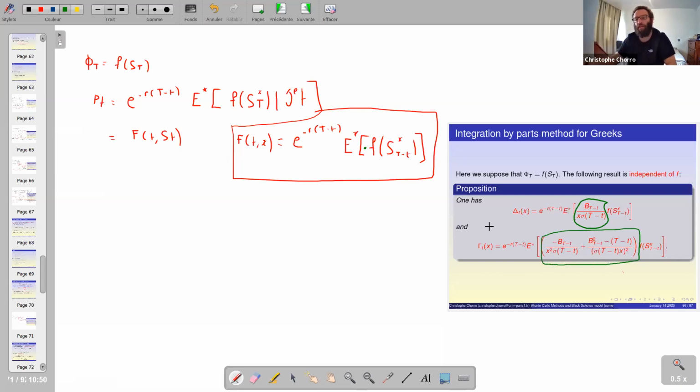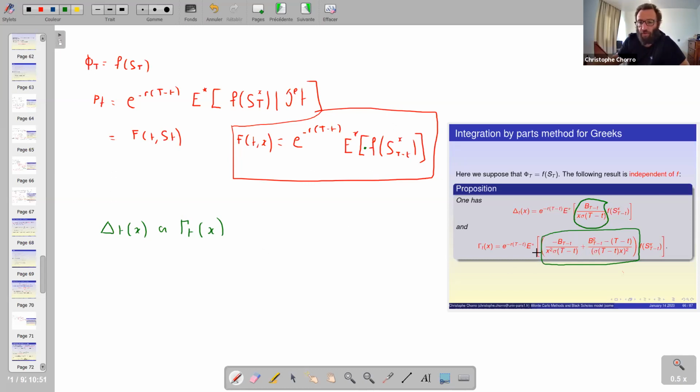So the delta or gamma are expressed in the following way.